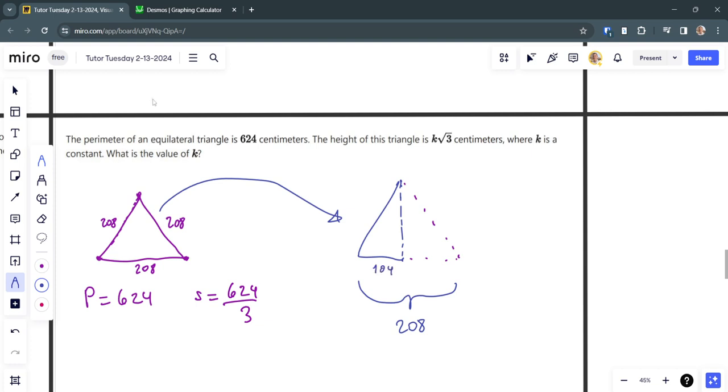And remember, with our special right triangles, this 30, 60, 90 triangle is going to have side length x, x root 3, and 2x. So if we're asked for the height, it's just going to be 104 root 3. Then k equals 104.